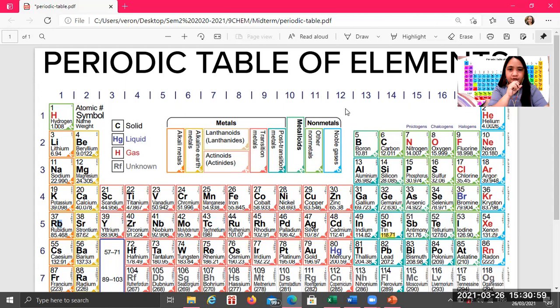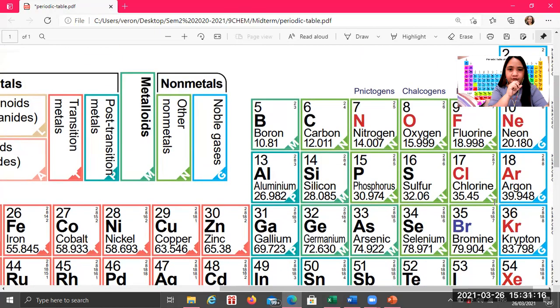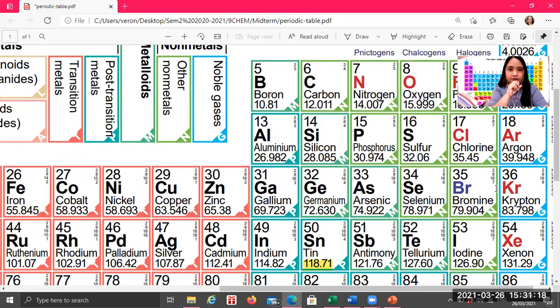Then you have to understand the octet rule. But you can just zoom your periodic table. Okay, let's take, for example, silicon. Oh, silicon is 4. That's an exception. Let's go to bromine. Okay, bromine here, you can see there, in the first orbital, there is 2, and then they have 8, 18, and 7.